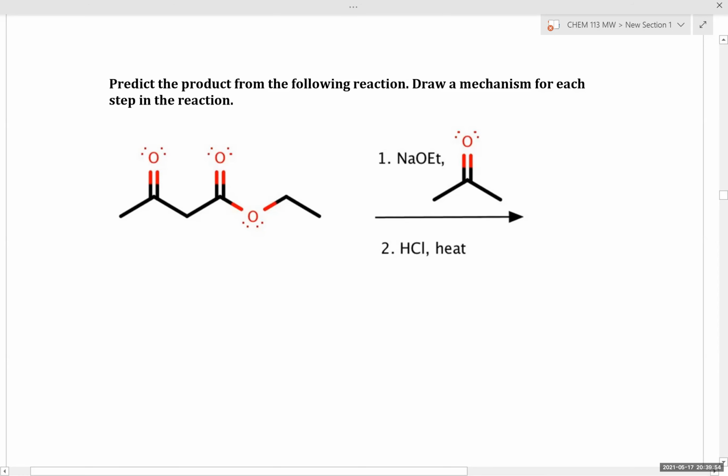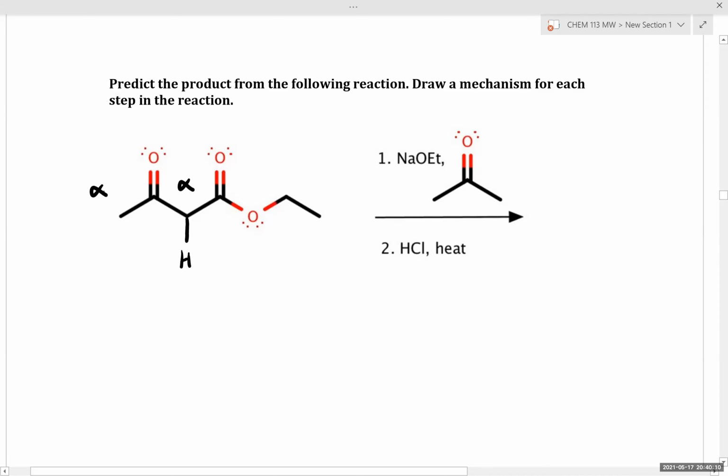So we have this beta ketoester. What's so special about this beta ketoester? The beta ketoester is more acidic.